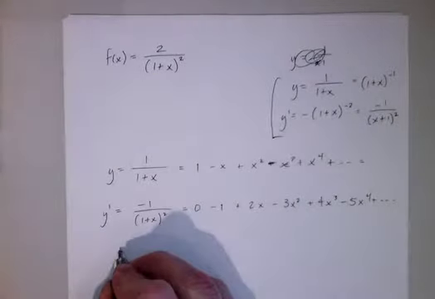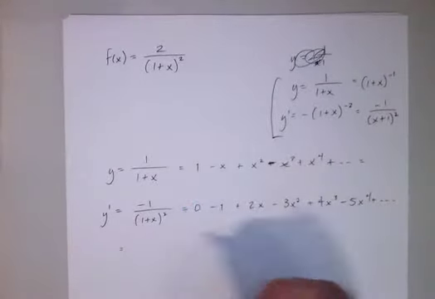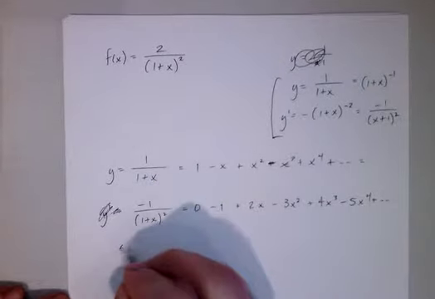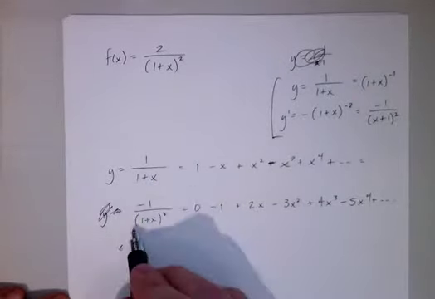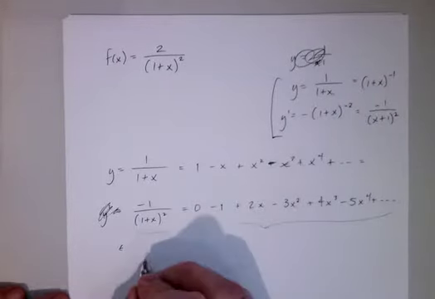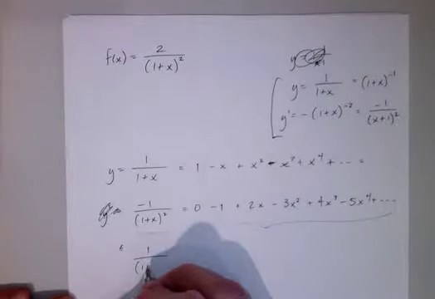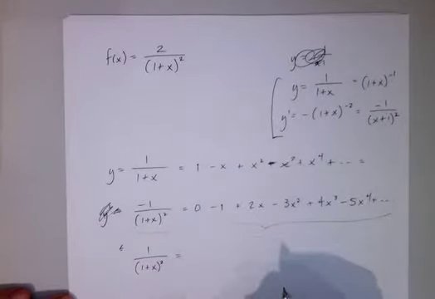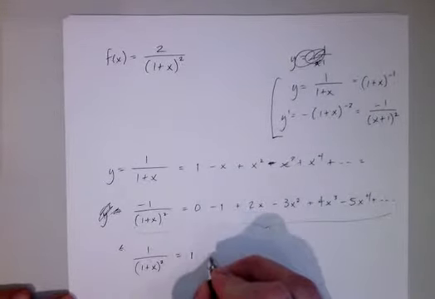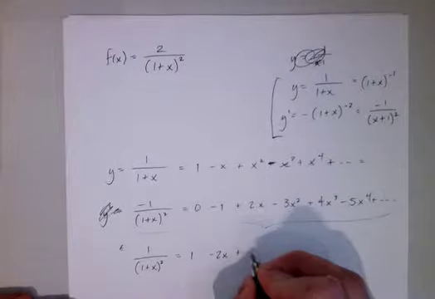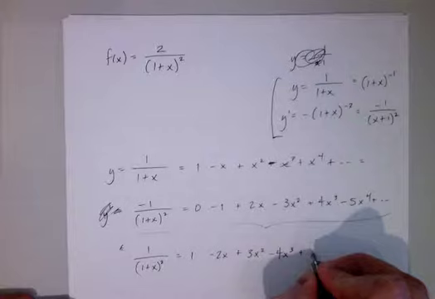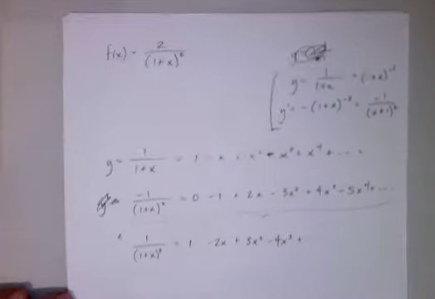Could I then, okay, let's scratch the fact that that's y prime, and just play with this right here, okay? Could I turn this into this by multiplying both sides by a negative? And I wind up getting 1 minus 2x plus 3x squared minus 4x cubed plus all the way out.